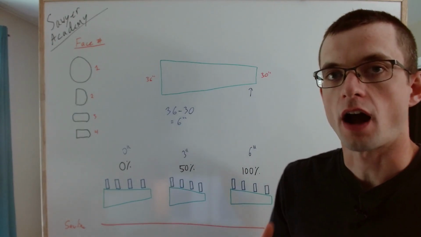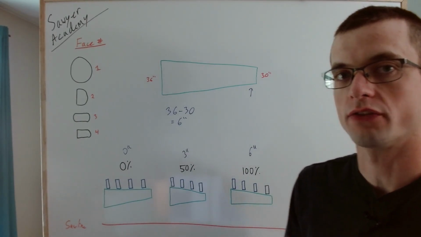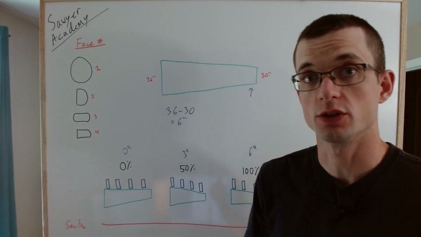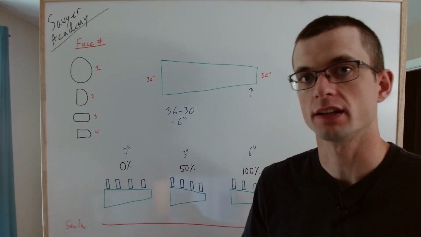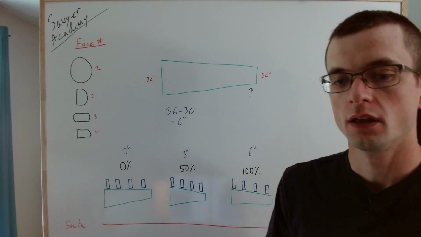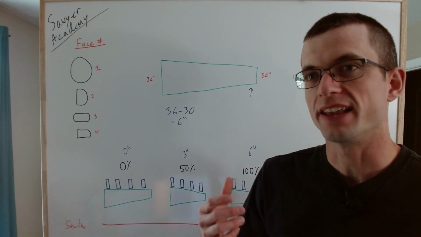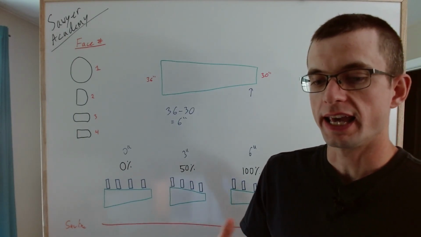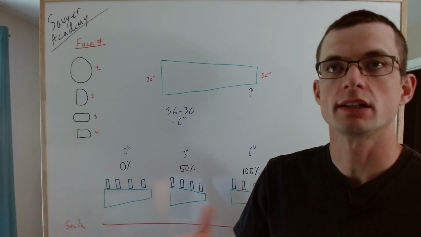In my career, I've only really ever used a 50% taper. I've never had the situation where I needed to use a 0% or 100% or anywhere in between. The only real application I can think of that you would want to use 100% or 0% is if you cut logs yourself.